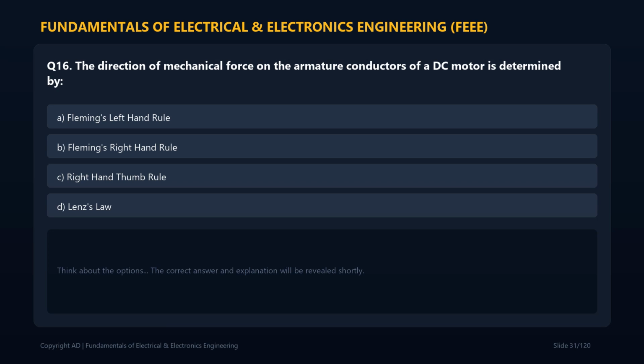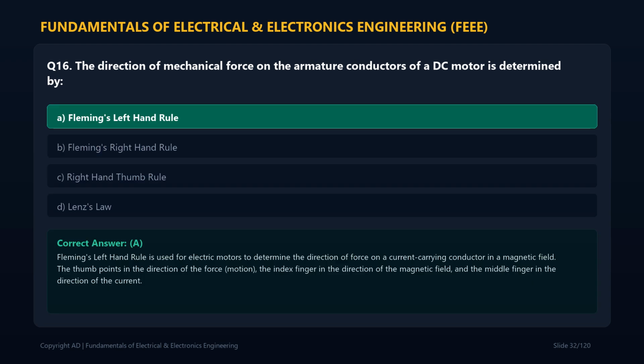Question 16. The direction of mechanical force on the armature conductors of a DC motor is determined by option A, Fleming's left-hand rule. Option B, Fleming's right-hand rule. Option C, right-hand thumb rule. Option D, Lenz's law.